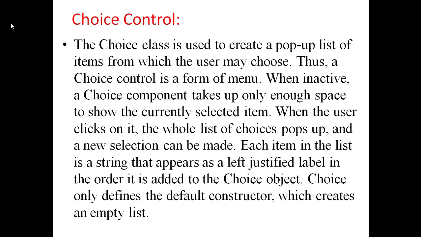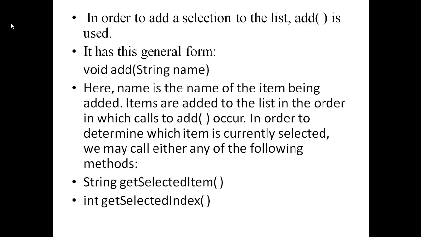Choice only defines the default constructor, which creates an empty list, without any parameter. In order to add a selection or item to the list, we need to use the add method, and its syntax is as follows: void add(String name).